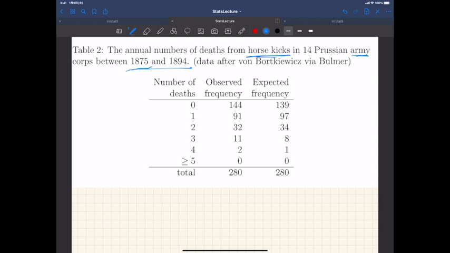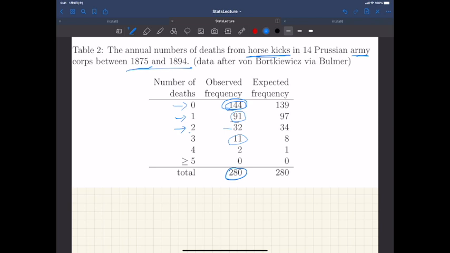So here's the frequency. In each year, out of 280 army corps, the number of deaths from horse kicks observed was 0 for 144 army corps, and one soldier was killed in 91 army corps, and 2 soldiers were killed in 32 corps, and 4 soldiers were killed in 11 corps, and so on.